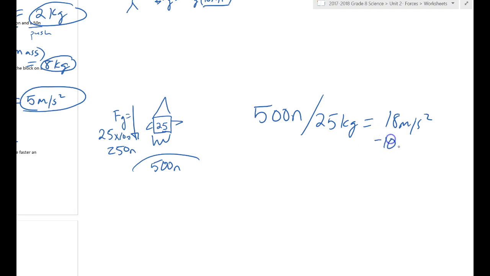So we subtract the 10 meters per second squared, the downward rate of acceleration due to gravity, and we come out with 8 meters per second squared. Oh, sorry, I did this math wrong. That should be 20 meters per second squared minus 10 equals 10 meters per second squared. I was like, hold up, that doesn't work out to the right number.